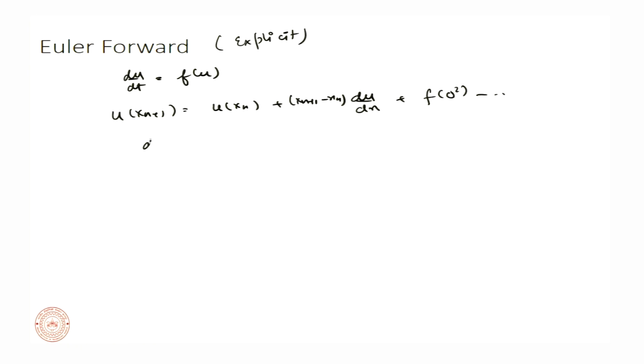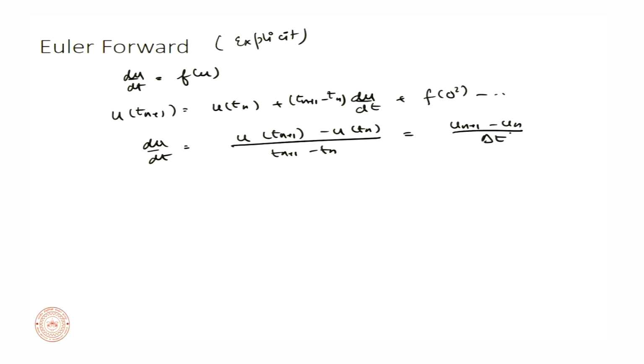So du by dx, or let us write in terms of t, because we are using time instead of space, so this is t_n plus 1, t_n and dt. So du by dt therefore equals u of t_n plus 1 minus u of t_n over t_n plus 1 minus t_n, which equals u_n plus 1 minus u_n by delta t.